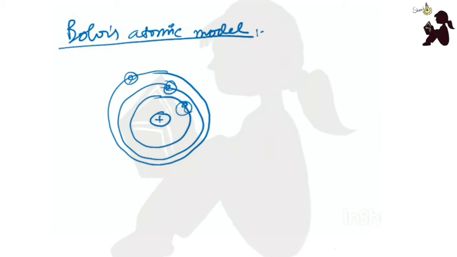Only these circular ways can electrons revolve. So these are called orbits. Now they are revolving in a circular way, so they must have some angular momentum. He said this angular momentum's value is nh by 2 pi.